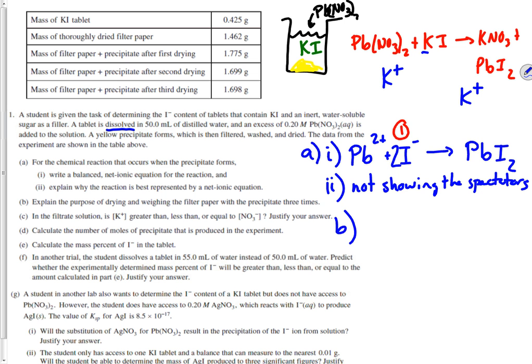So you have to continue to weigh it. You'll see the numbers 1.775 to 0.699 to 0.698. Because of those last two, it's leveled off. So the filter paper and the precipitate must be dried several times to a constant mass to ensure that all the water has been driven off. One point.